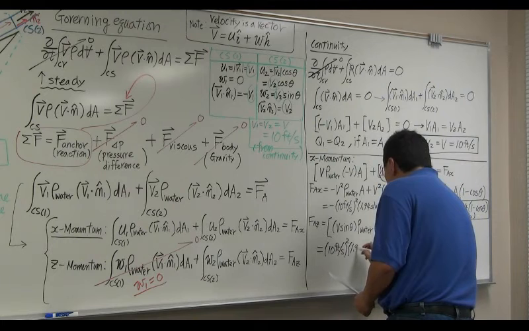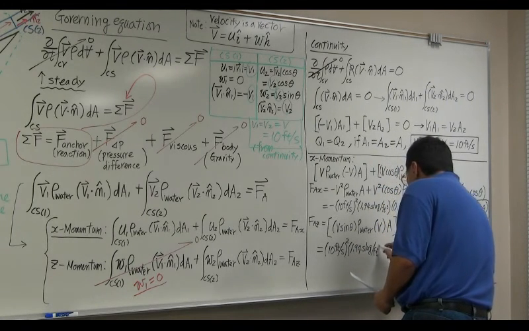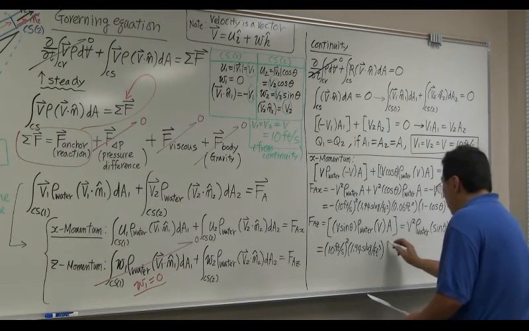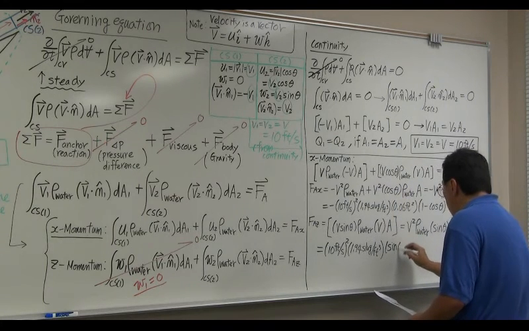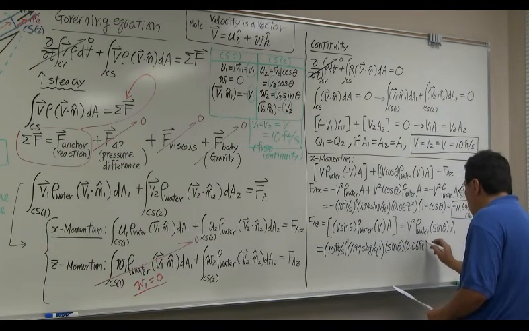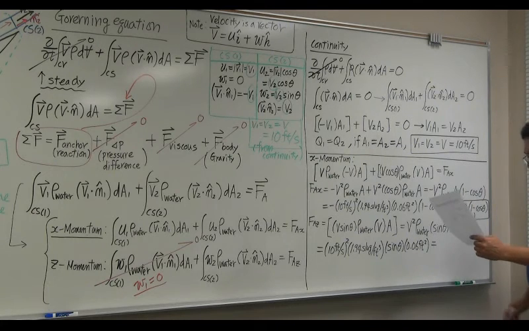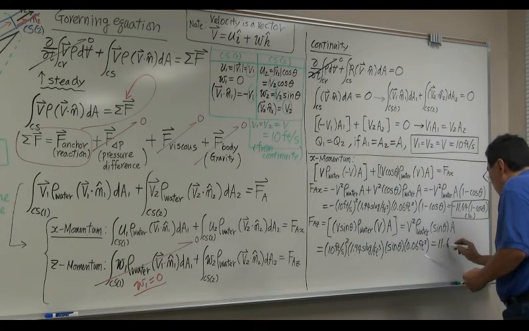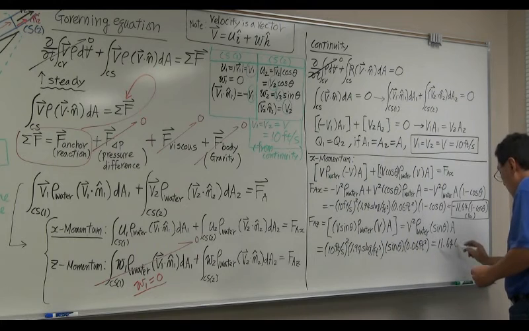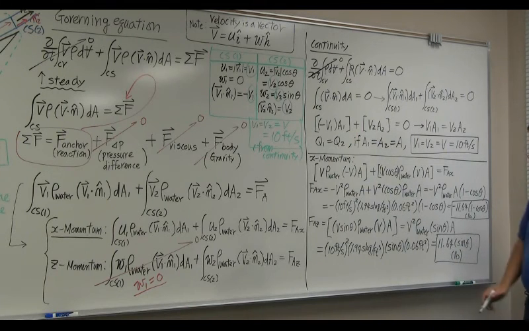Density is 1.94, so that's per cubic foot. Sine theta. Cross section area 0.06 feet squared. This is also again a function of theta. This is 11.64 sine theta. Again, the unit is pounds. Okay?